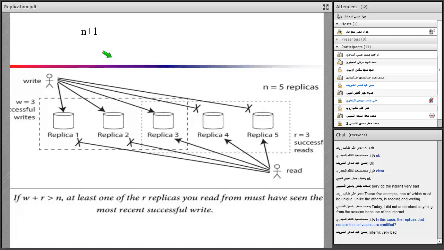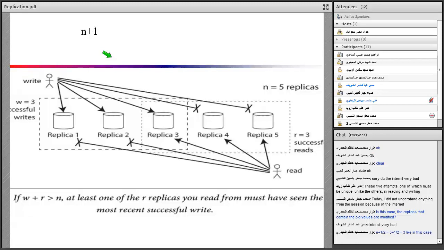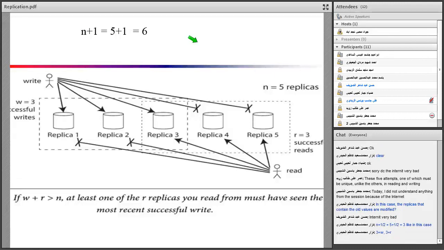In this example, n plus 1, which is 5 plus 1 is 6, and so W is equal to R is equal to 6 divided by 2, which is 3.